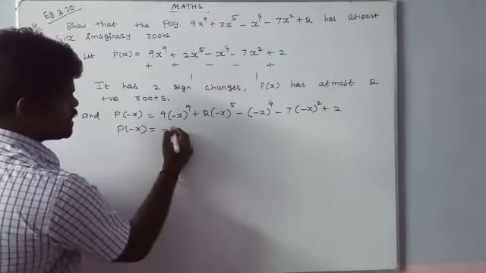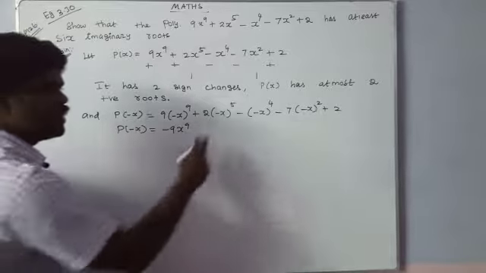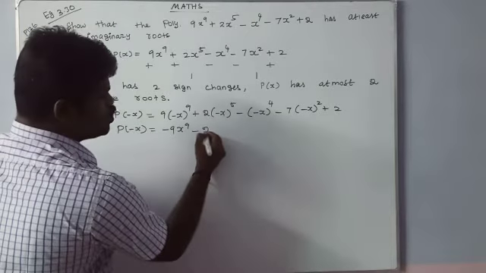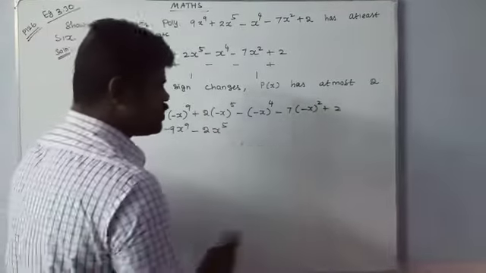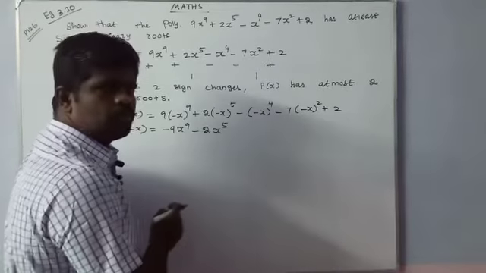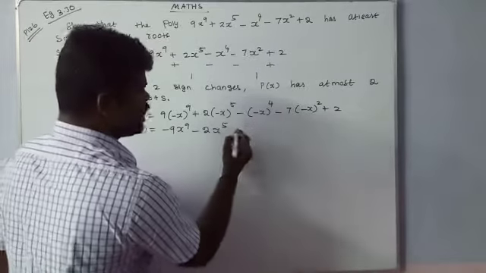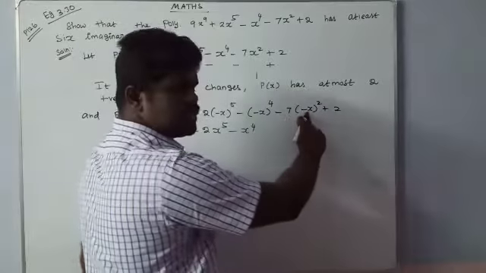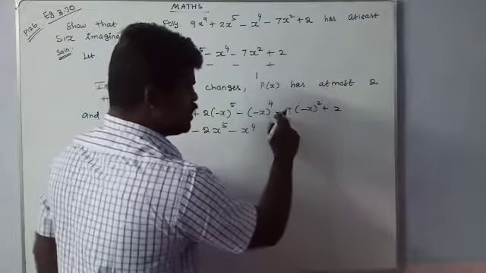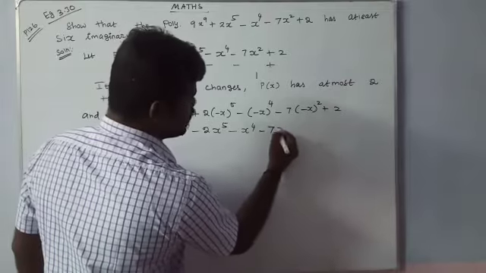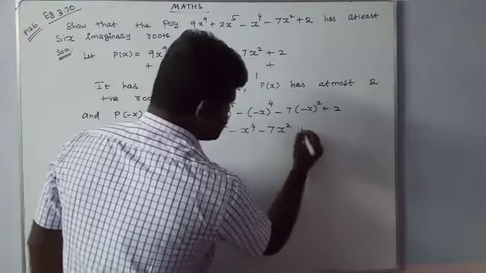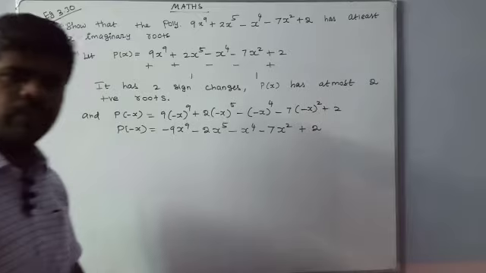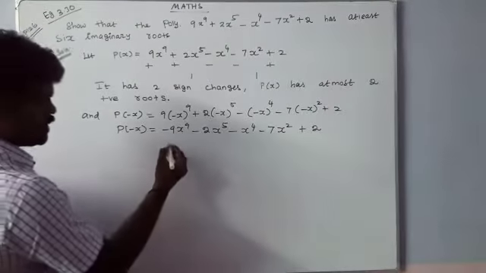Here minus 9x power 9, and here minus 2x power 5. Here minus x power 4 is positive, so here minus x power 4. Here minus x whole square is x square, so here minus 7x squared plus 2. Okay, right.